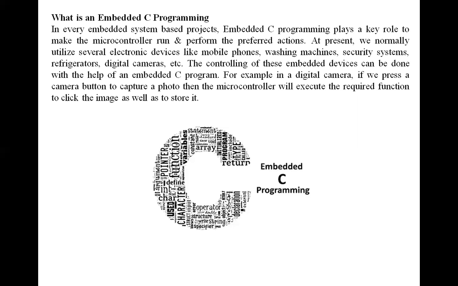At present we normally utilize several electronic devices like mobile phones, washing machines, security systems, refrigerators, digital cameras, etc. Now you can see that embedded C programming is available everywhere in different kinds of applications.